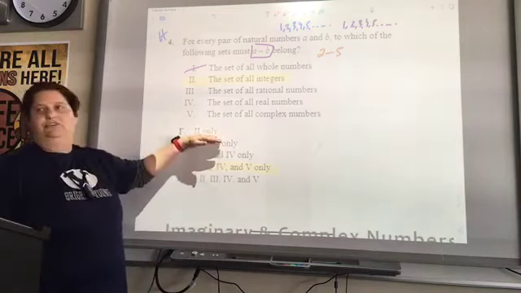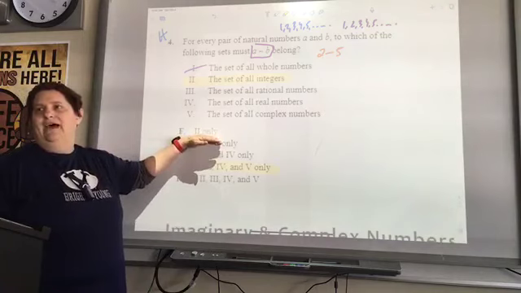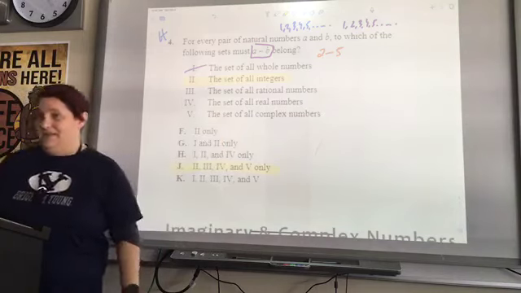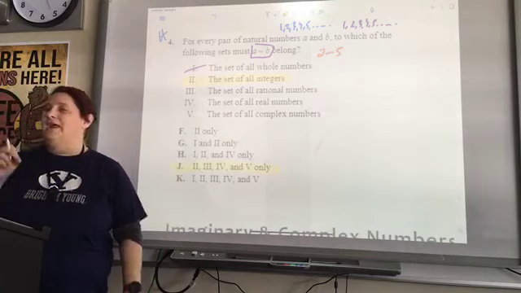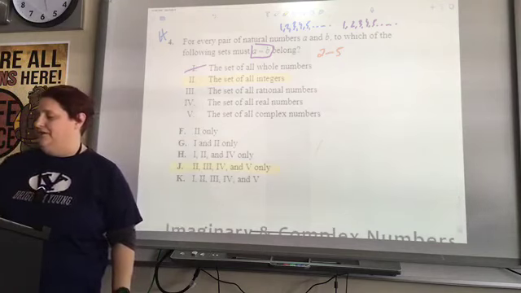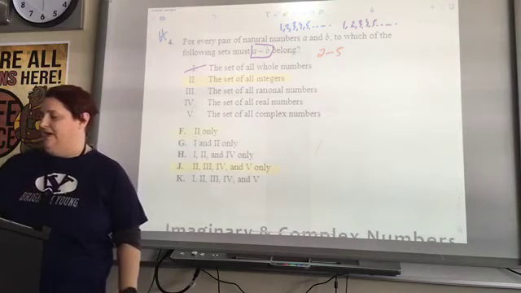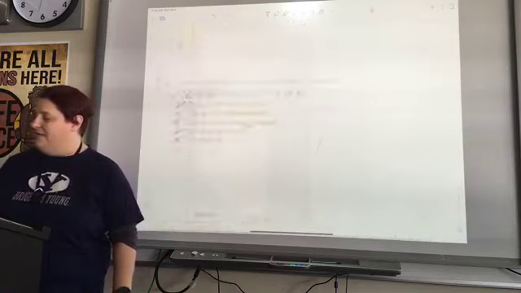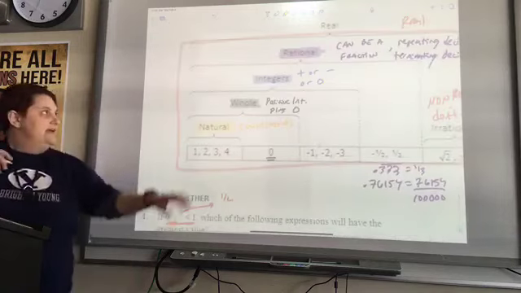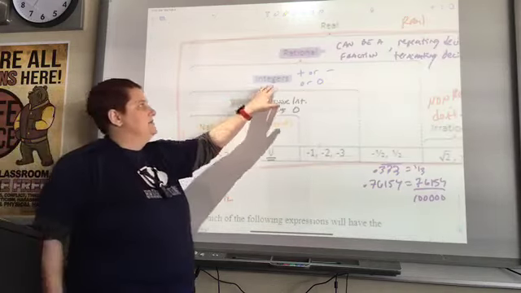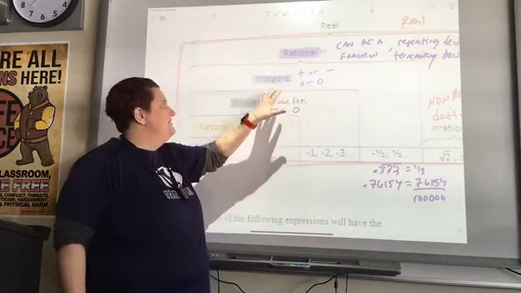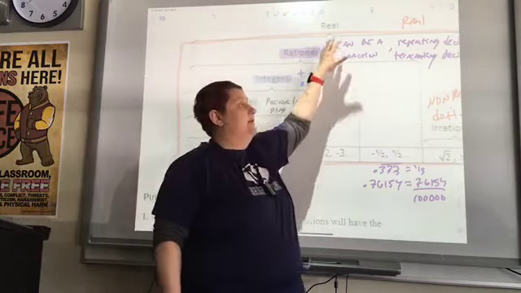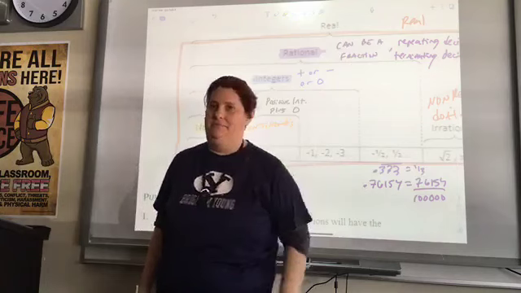Now, how many of you put 2 and left it at that? Okay, that's okay. Honestly, that's what I would have chosen, and then you mark letter F, right? Except, let's go back and look at our chart. If I have an integer, it's also a rational number, and it's also a real number, and it's also a complex number.